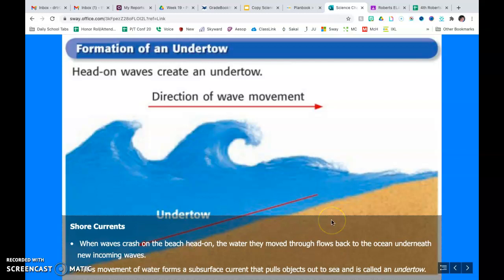The movement of water forms a subsurface current that pulls objects out to sea. That is the undertow. You never ever want to get caught in an undertow. But if you do, always, first of all, don't panic. That's when most people drown in an undertow.